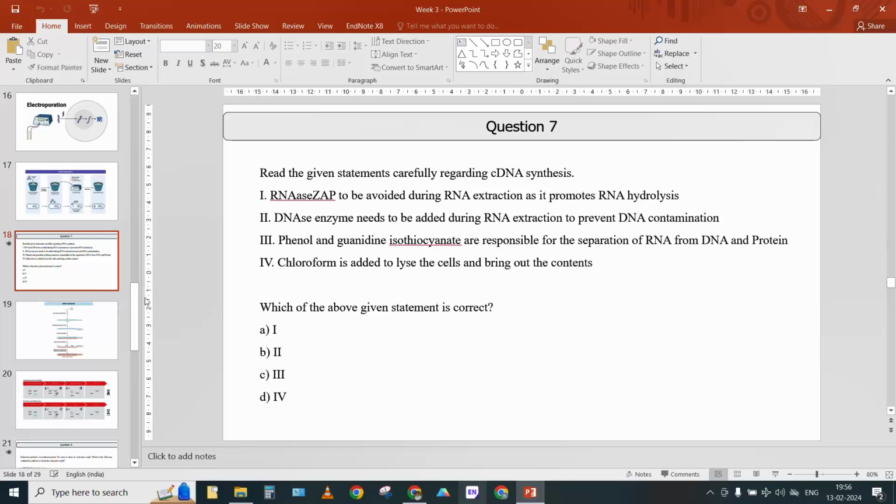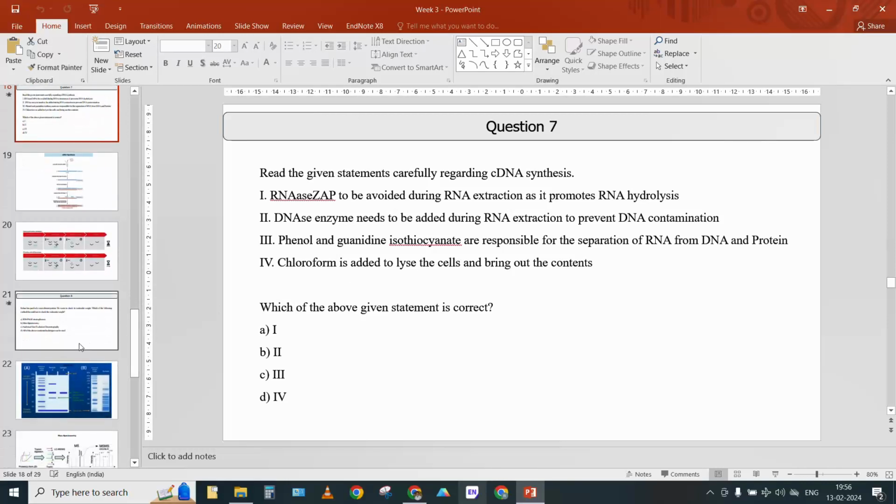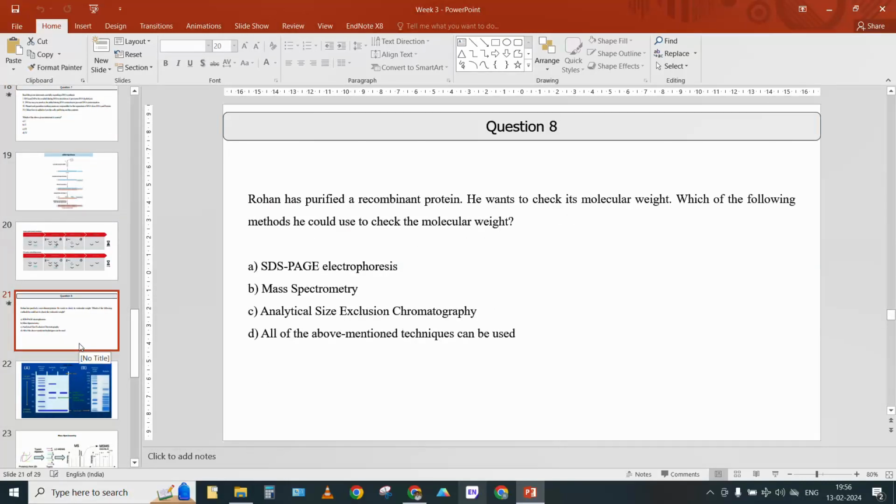Moving further to the next question, question 8. Rohan has purified a recombinant protein and wants to check its molecular weight. Which of the following methods could he use?